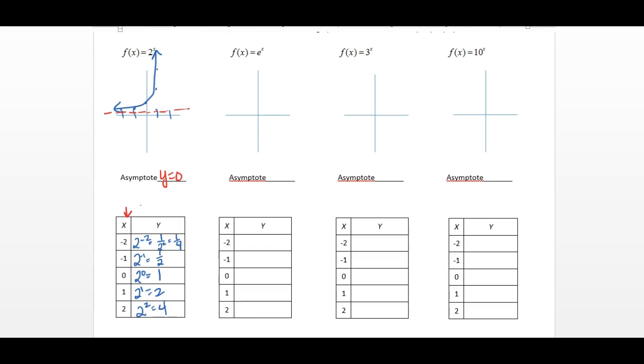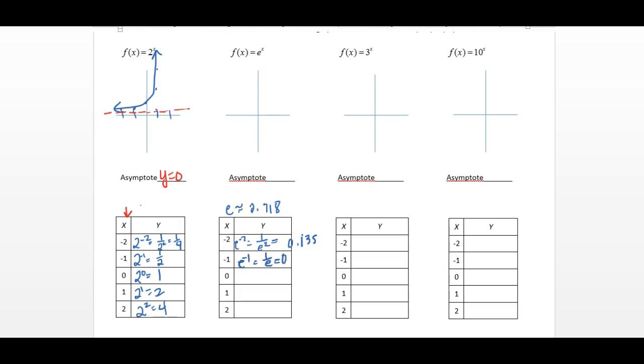So the next one, look at this: e to the x power. Remember that e is approximately 2.718. If I think about this, e to the negative 2 is like 1 over e squared. I would put that in my calculator and get 0.135. e to the negative 1 is 1 over e.